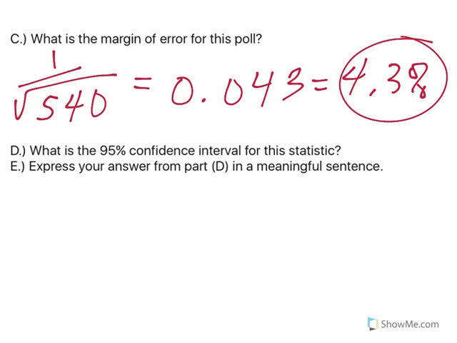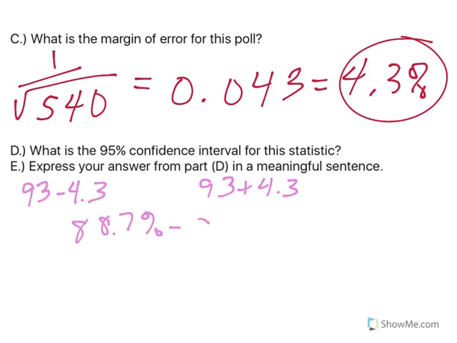To find my 95% confidence interval, I take the point estimate they gave me, which was 93%, and I'm going to subtract 4.3, and then I'm going to add 4.3. So my confidence interval is 88.7% to 97.3%. There's my interval.